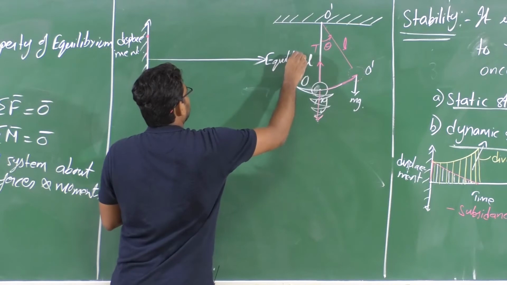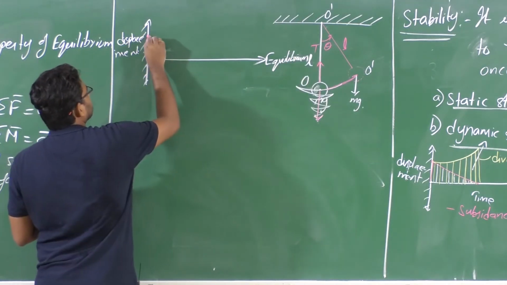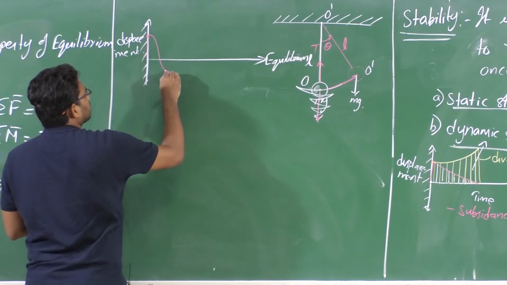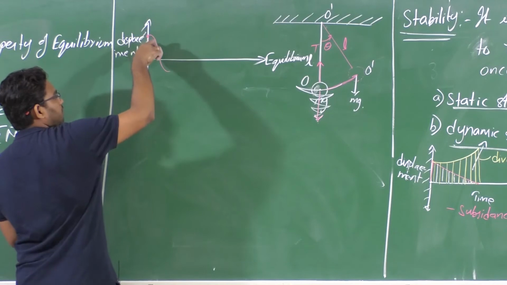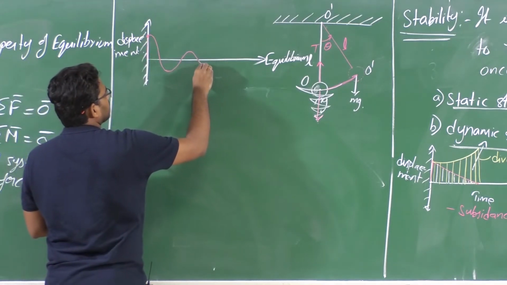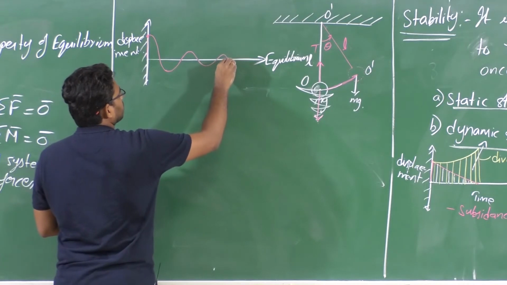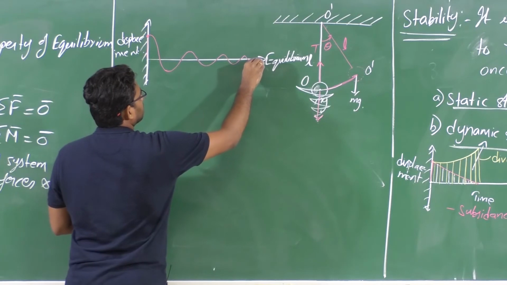When I displace this pendulum, it will try to come back towards this equilibrium, but will continue oscillating about that equilibrium until this disturbance damps out, right?